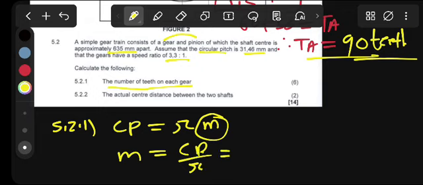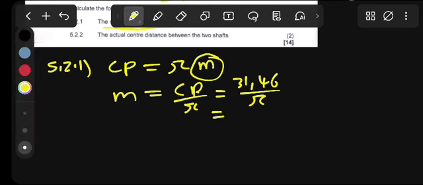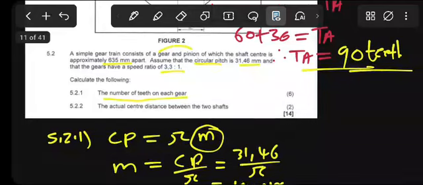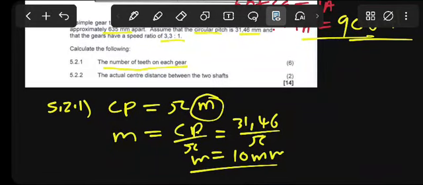We have what is given there, which is 31.46 divided by pi. Then this will be equal to what? It will be 10 millimeter, which is our modulus. So since we have the modulus, let's check what else we have. We have the speed ratio there, 3.3 is to 1.